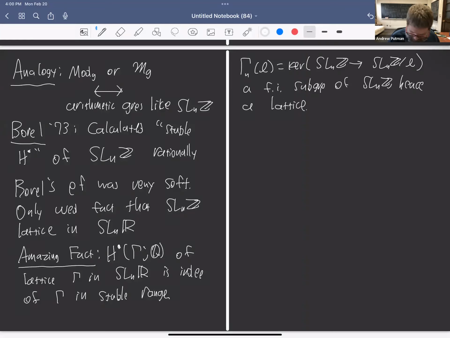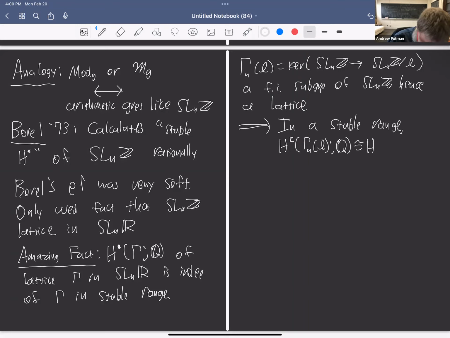And what the above implies is that in a stable range, the cohomology H^k of Gamma_n(L) with Q coefficients is isomorphic to, actually I'm going to switch to homology here, it makes the map go the right direction, that's more appropriate for what I'm doing right now, the kth homology of SL_n(Z) with Q coefficients.